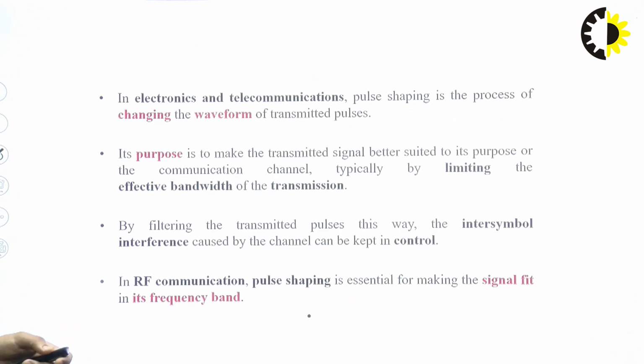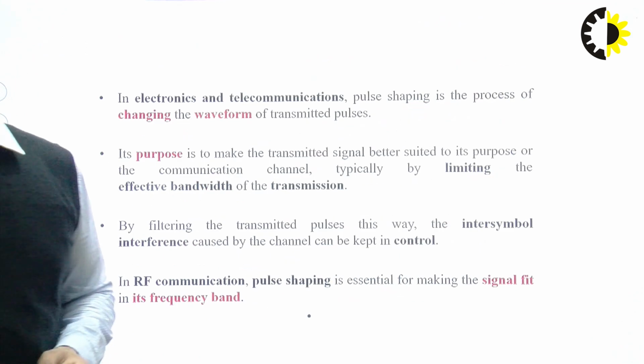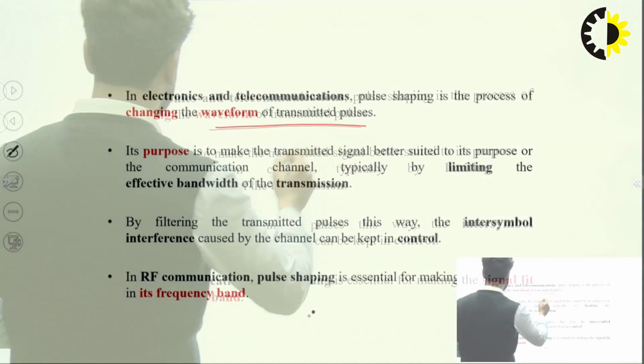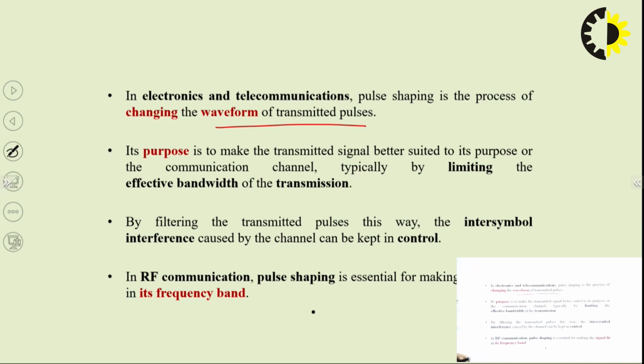Now in electronics and communication, pulse shaping is the process of changing the waveform of the transmitted pulse. The purpose is to make the transmitted signal better suited to the communication channel, typically by limiting the effective bandwidth of the transmission. By filtering the transmitted pulse this way, the inter-symbol interference caused by the channel can be kept controlled.